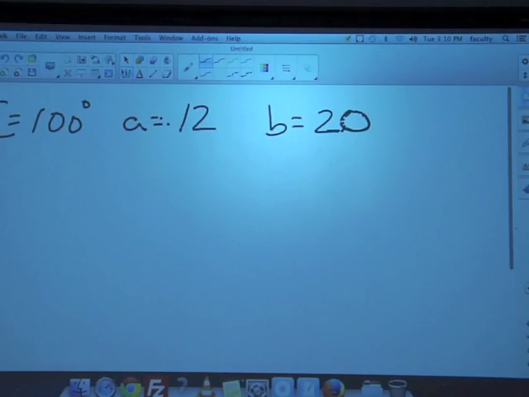So, given this scenario, given side angle side, which is what we have here, thou shalt find the side opposite the given angle.